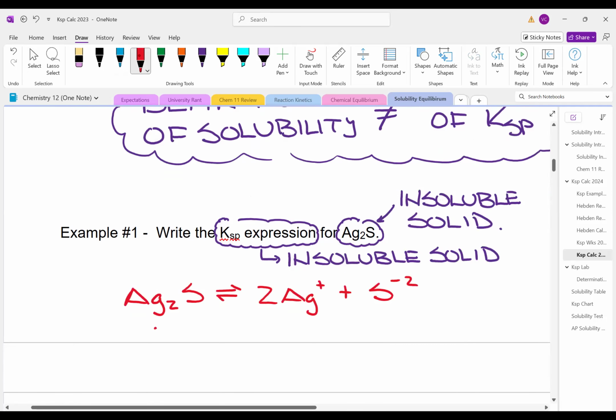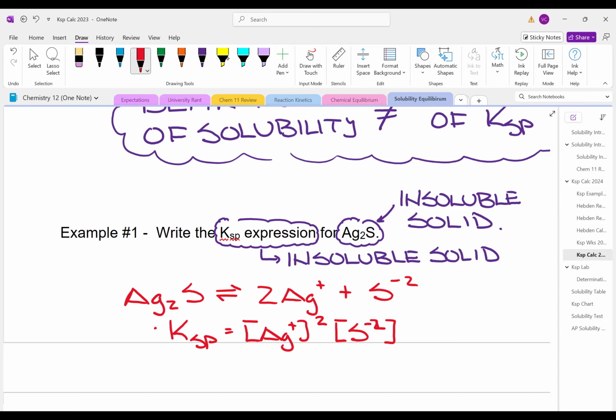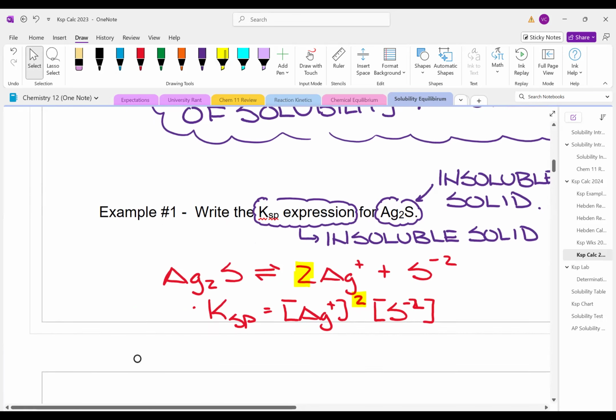So KSP would be the concentration of Ag plus squared times the concentration of S minus 2. Again, since we're talking about equilibrium, the rules apply: the coefficient 2 becomes the exponent 2 in the KSP expression. This is what you learned when we talked about equilibrium. Now, let me give you another example.